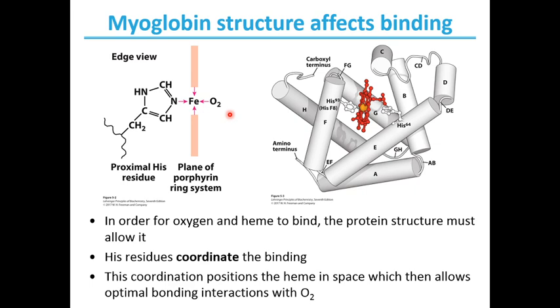Now, when oxygen binds, the electronic properties of the heme iron change. This accounts for the change in color from dark purple of oxygen-depleted venous blood to the bright red of oxygen-rich arterial blood.